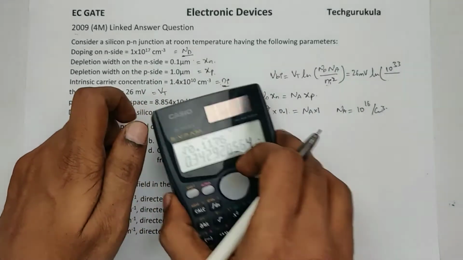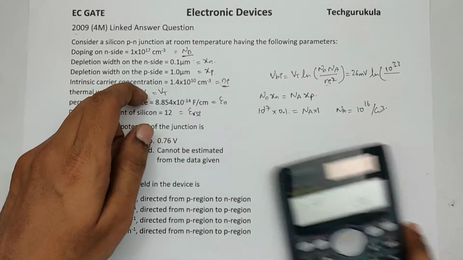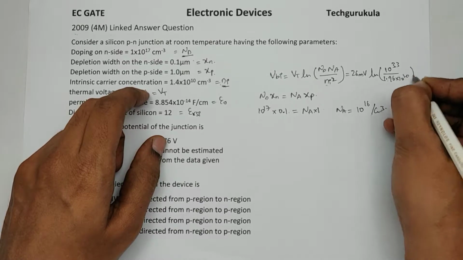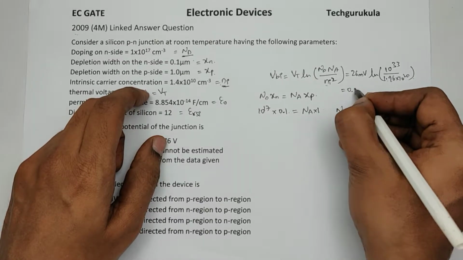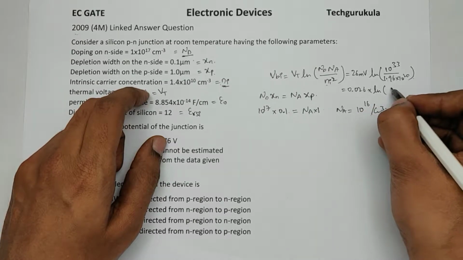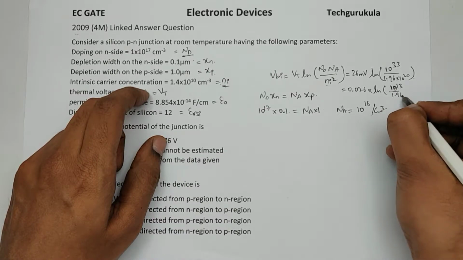1.4 square is 1.96 times 10 power 20. So this can be written as 0.026 times ln of 10 power 13 over 1.96.